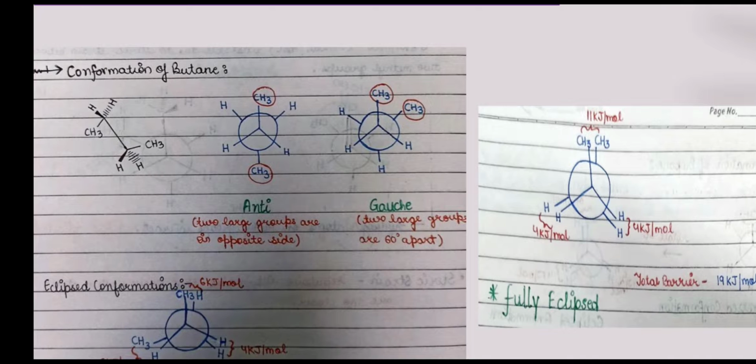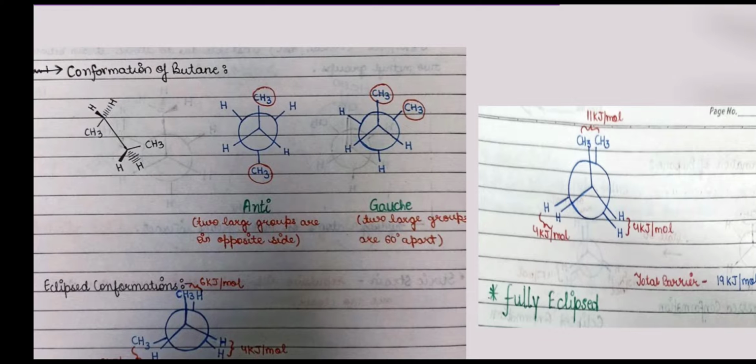Next, the two staggered conformations in Newman projections: the first one being anti and the second one being gauche conformation. In the first conformation, the two large groups are on opposite sides, and the large groups here are CH3 and CH3.